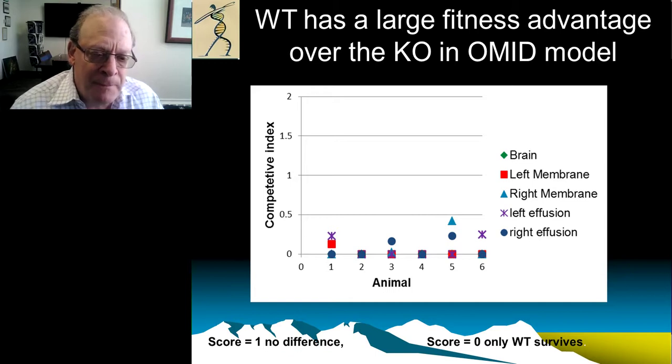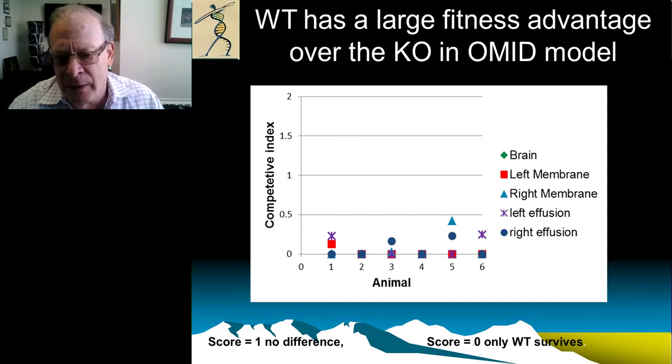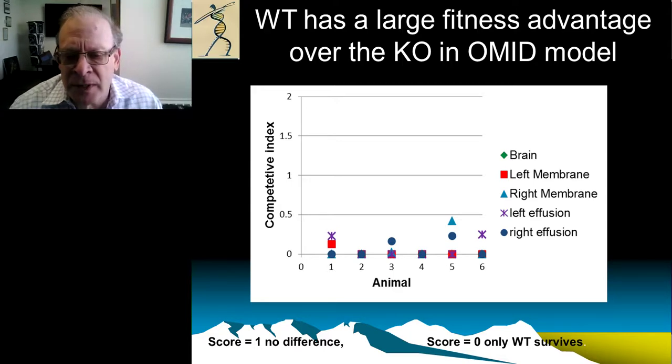And what you can see, this is by animal, so we had 6 different animals here, and the competitive index again on the y-axis, just like we did in in vitro biofilms, shows that for all of the specimens that we sampled, whether it was the actual tympanic membrane or the effusion that was in the ear, there was a great competitive advantage for the wild type over the knockout in this animal model of otitis media, which has been validated as being very representative of human disease.